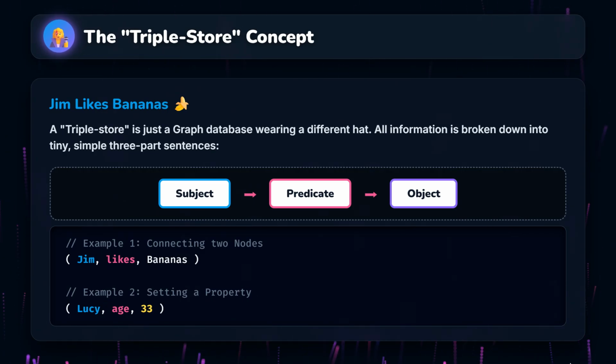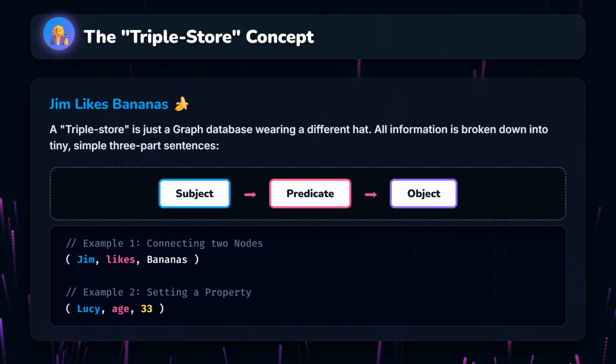Let us look at the code examples. In example 1, we want to connect two nodes together. We just write the triple, Jim likes bananas. Jim is the subject, likes is the verb, or the predicate, and bananas is the object.